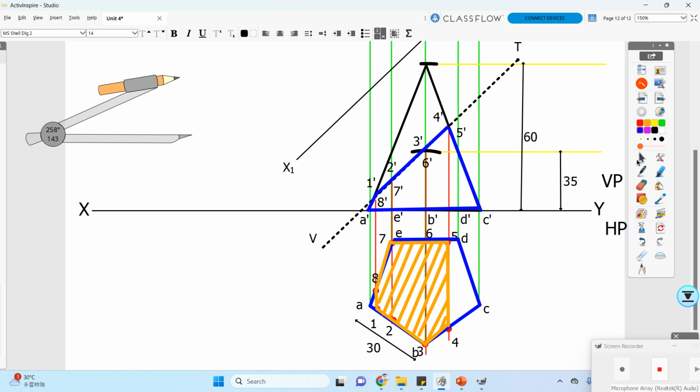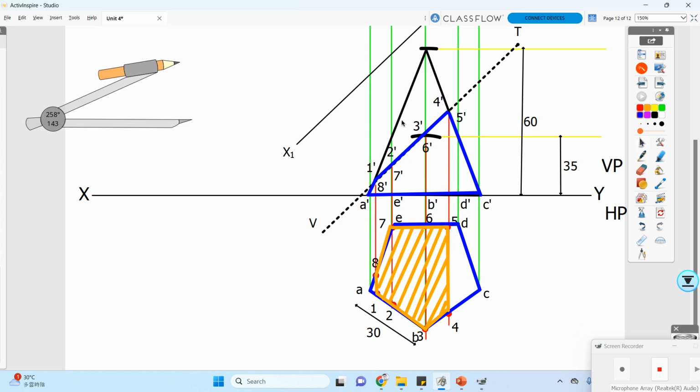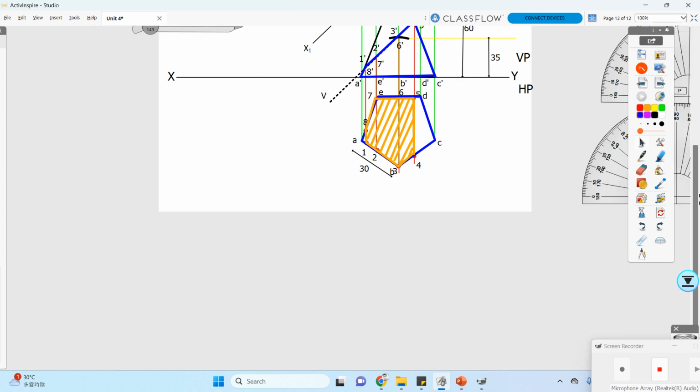Okay, can you able to understand your cut sectional view of the top side? Can you able to understand that? Anyone have any doubt on this cut section now? Is that you can able to understand the cut section view of your pentagonal pyramid now? Any answer, or I want to repeat once again?